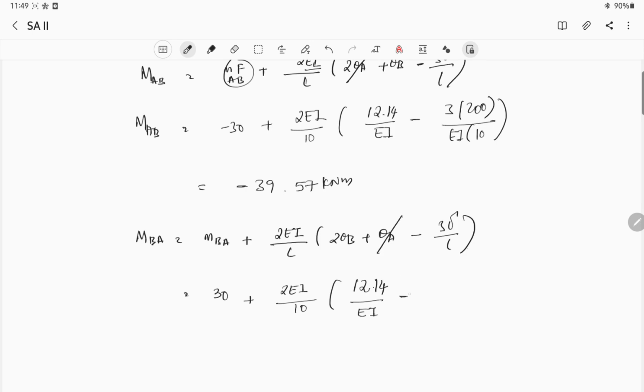Theta A is 0 minus 3 into 200 divided by 10 into EI. If you simplify this one, you will get the value of MBA as 22.85, sorry, 22.85 kilonewton meter. This is how we calculate for sinking of support. Okay.